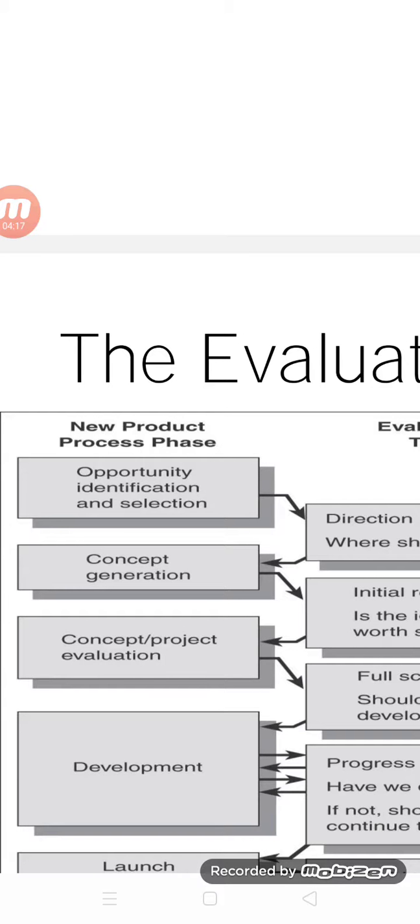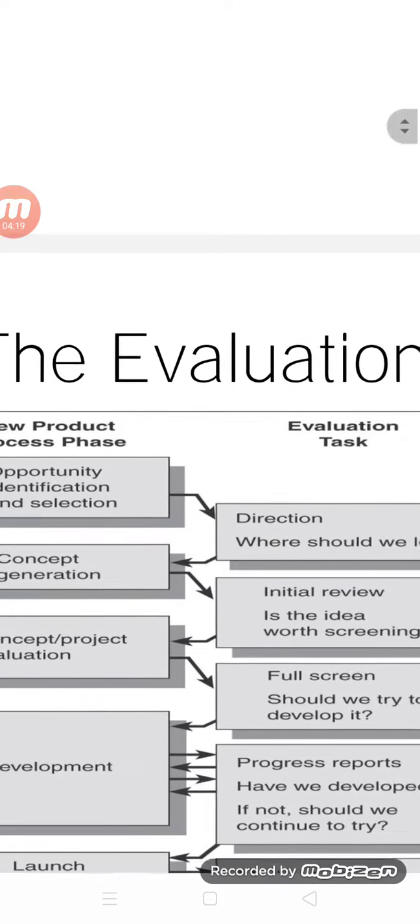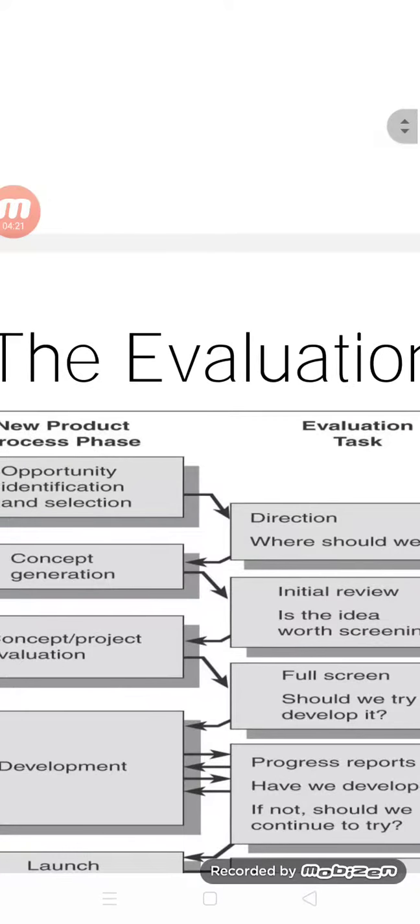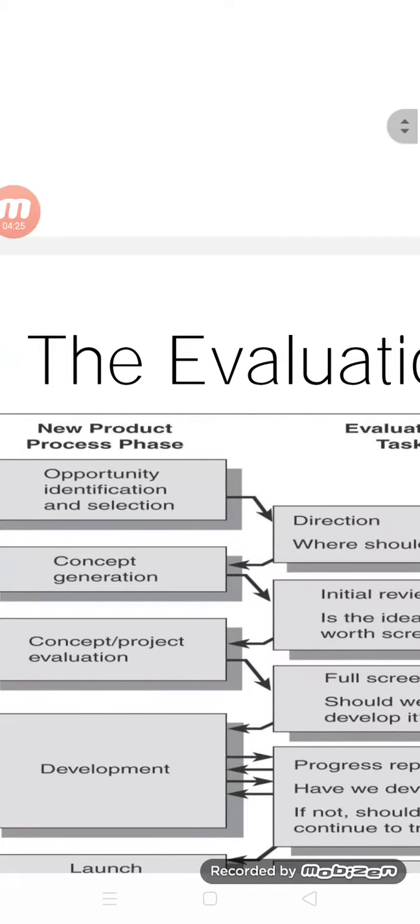Number 3 is concept or project evaluation. This stage is different compared to concept generation just now. At this stage you have already screened out a proper concept, and now you evaluate which project is workable and can proceed to the next stage.